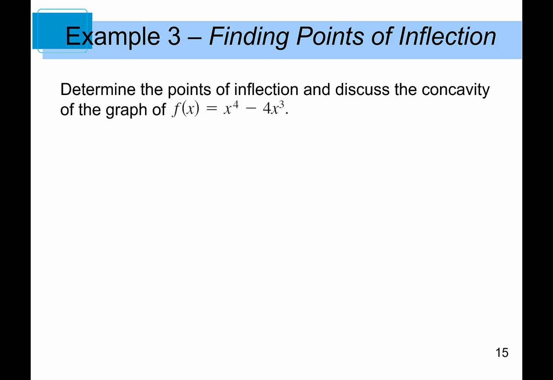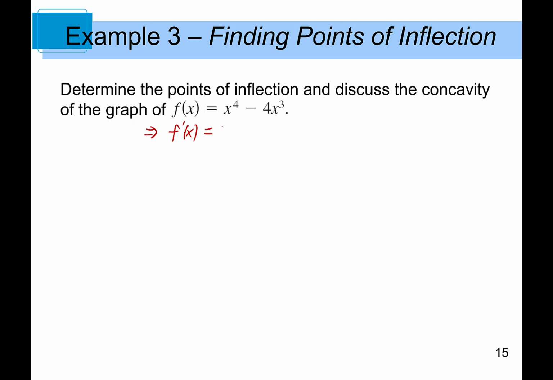Example 3, finding points of inflection. Determine the points of inflection and discuss the concavity of the graph of f(x) = x^4 - 4x^3. In order to figure out the points of inflection, we have to find the second derivative, so we first find the first derivative.